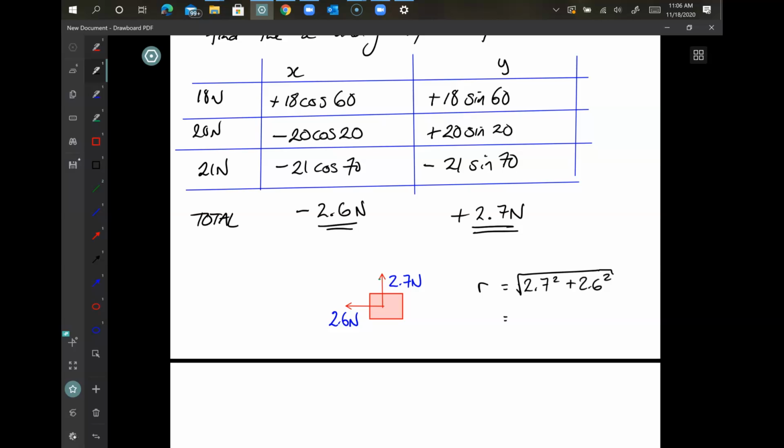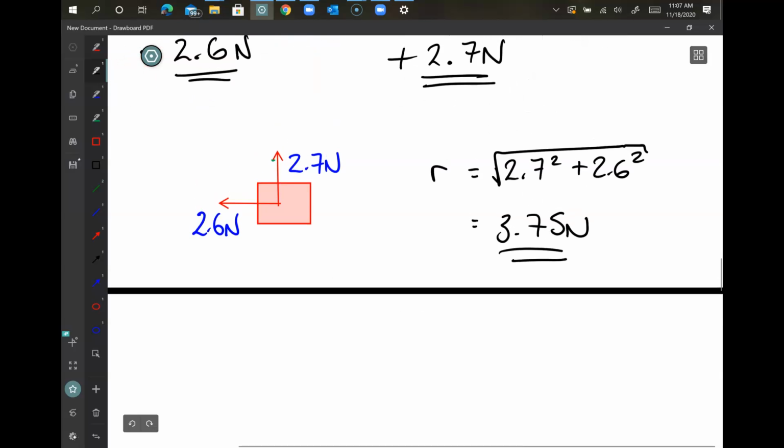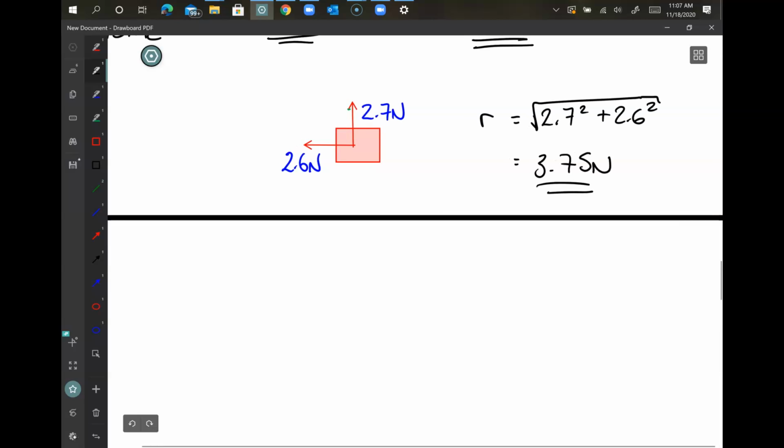Well, it's easy enough if you hit the right button on your calculator. 3.75 newtons. Then the question is, what direction is it acting in? And this, the angle's easy to calculate, but describing it's going to be a little bit tougher. And we'll talk about some of the alternative ways in which we can do that.